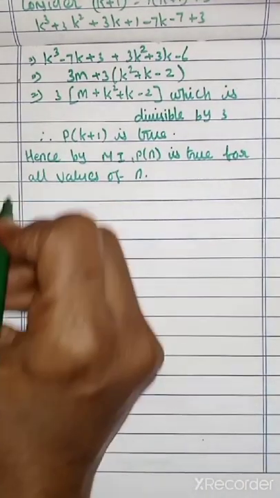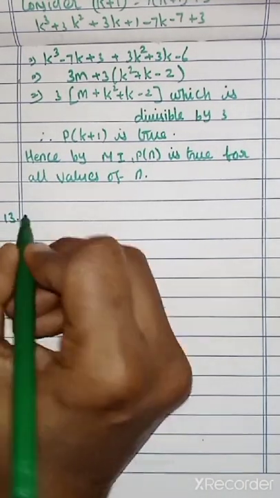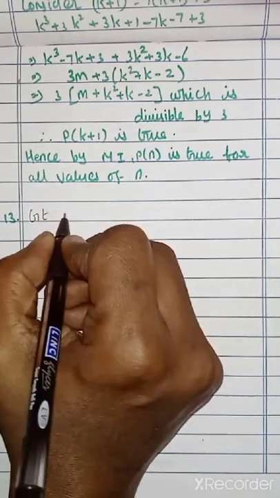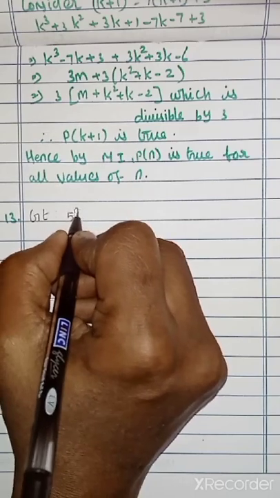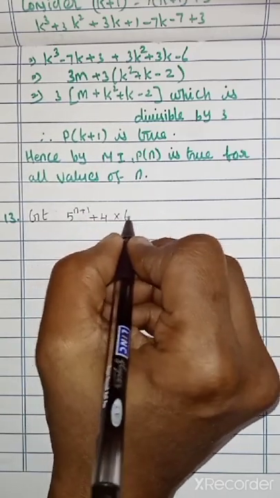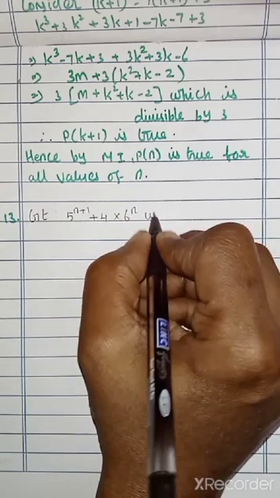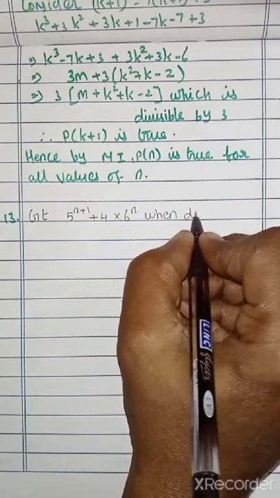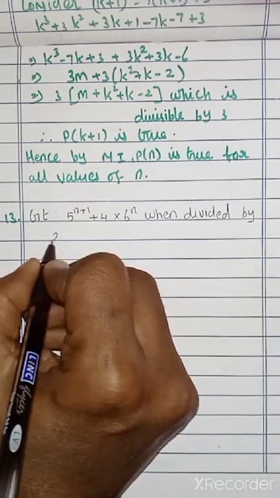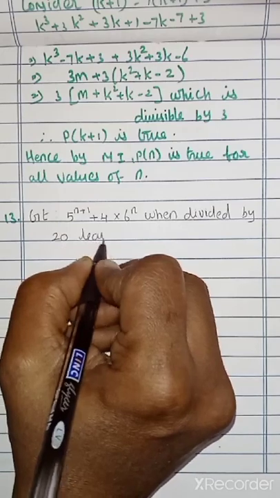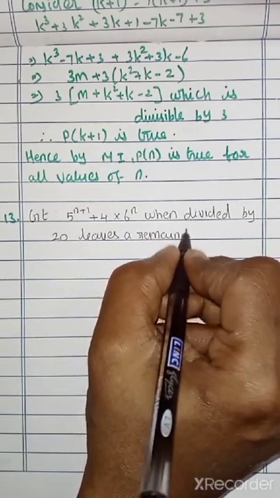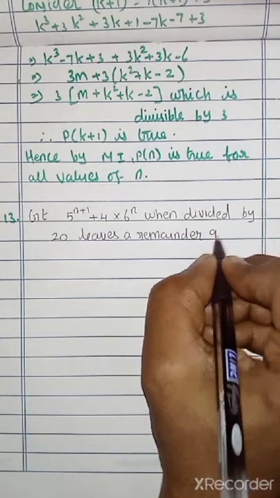Next, 13th question. It is given that 5 power n plus 1 plus 4 into 6 power n, when divided by 20, leaves a remainder 9.